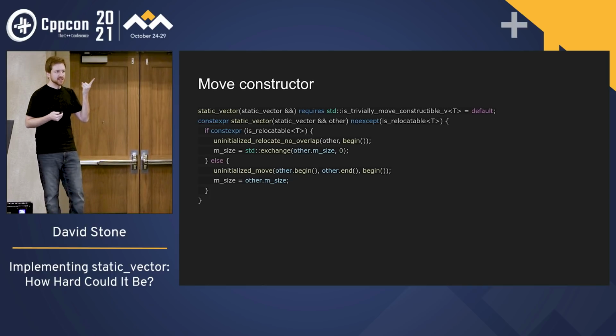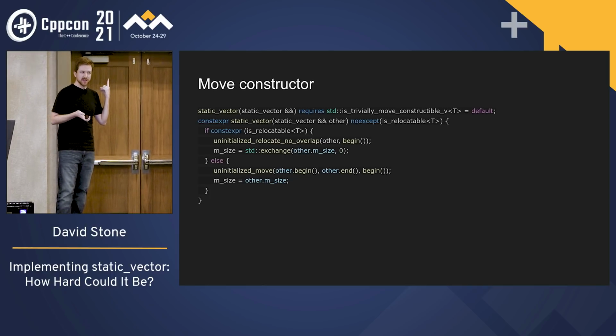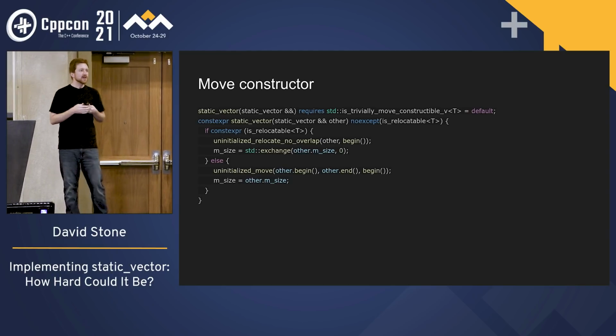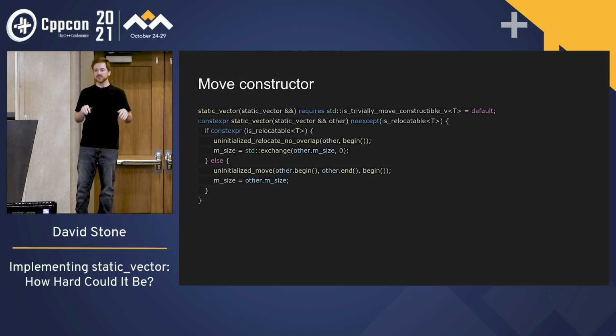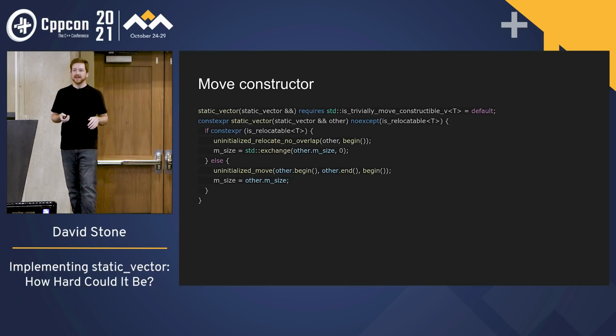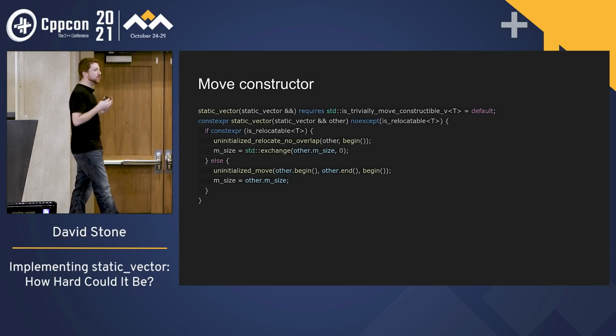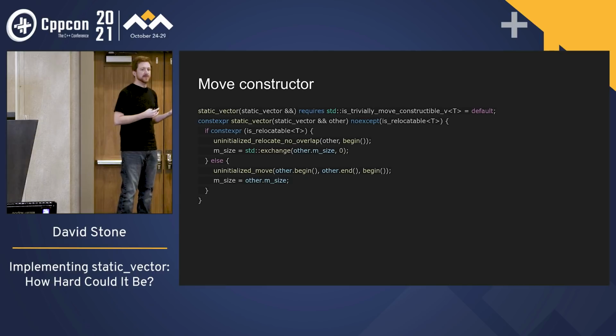Arthur gave a presentation on this, I think 2 years ago, right here at CppCon, or C++ Now, one of the two. You can search online for Arthur O'Dwyer, trivially relocatable, and his blog will come up with his videos, and he goes through that. That's one aspect of it, and it's really important for optimization. Most types are trivially relocatable.